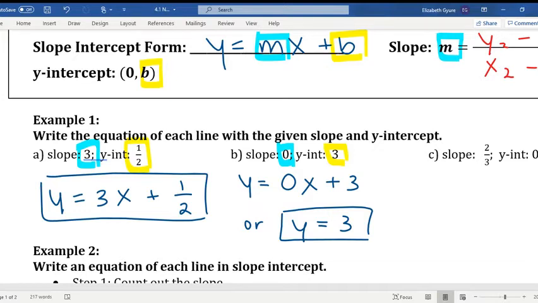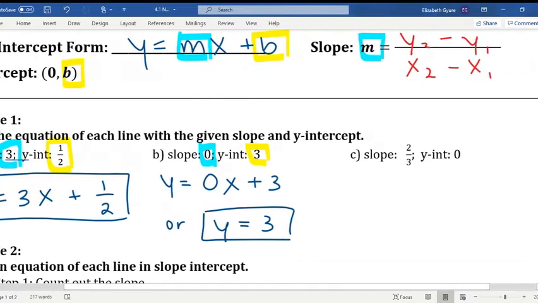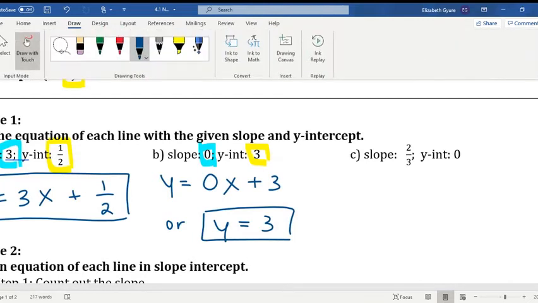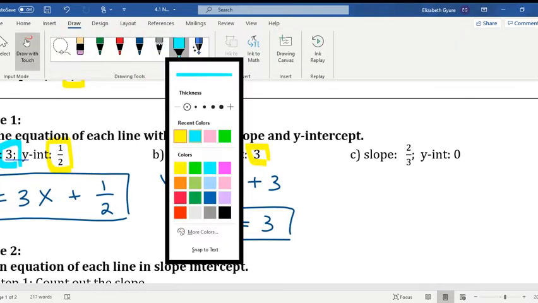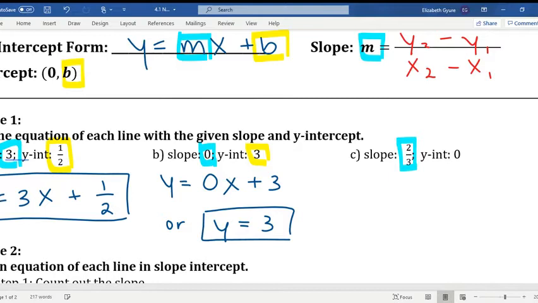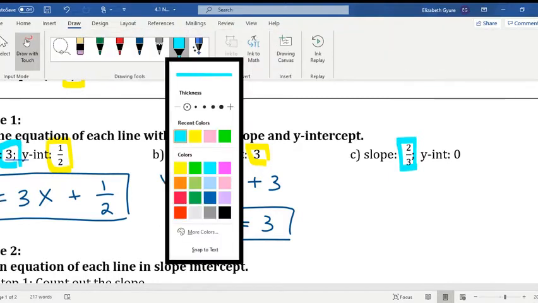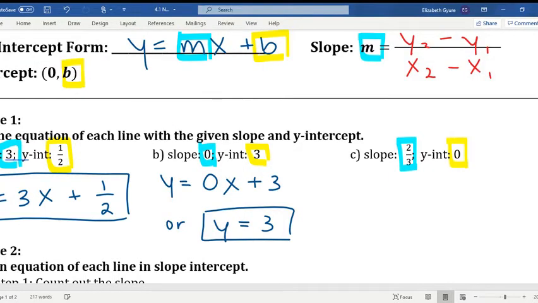All right, and then look at part C. Your slope is 2/3, and your y-intercept is 0. Slope is which letter again in y equals mx plus b?